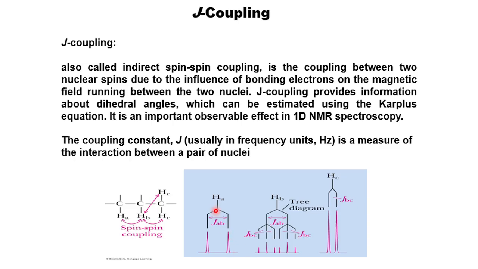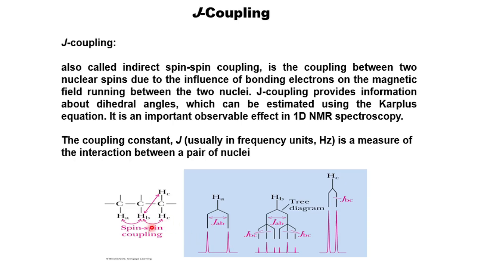First, that HA will not be a single line, it will be 2 lines. If you zoom the spectra, you will get 2 lines of the same intensity. Why does this happen? That is because of the coupling with HB. Since HA and HB are close by, they influence each other. That's why we get a doublet type of peak.